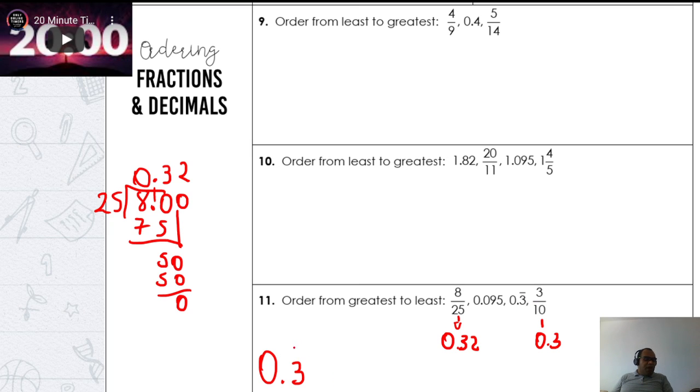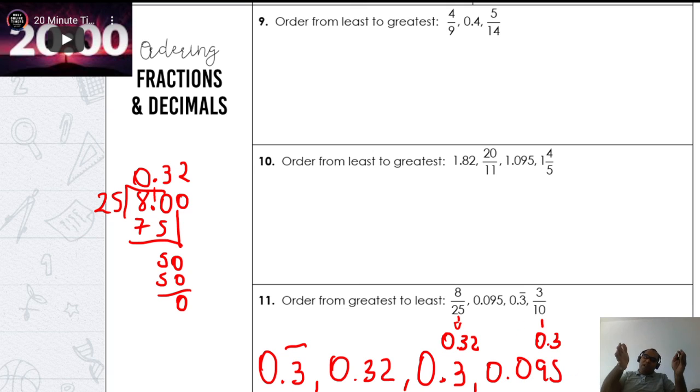It is the repeating pattern because it's 3, 3, 3, 3, 3, 3. Okay, after 0.32 comes the repeating 0.3, and the last one, who is the last one? It is 0.95. The order is greatest to least.